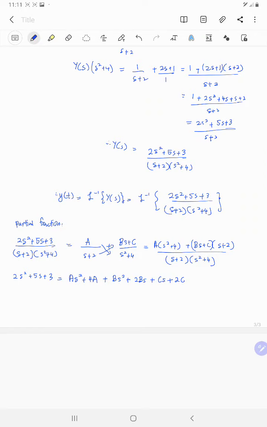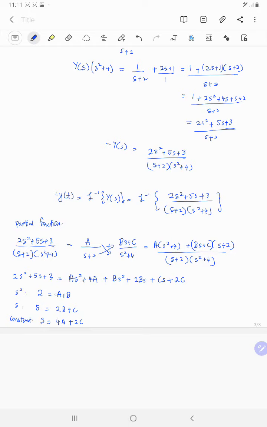Okay, now we can compare left hand side and right hand side. The highest power in this equation is s squared: left hand side 2, right hand side A plus B. Next, s only: 5, right hand side 2B plus C. Next, constant: 3, right hand side 4A plus 2C.